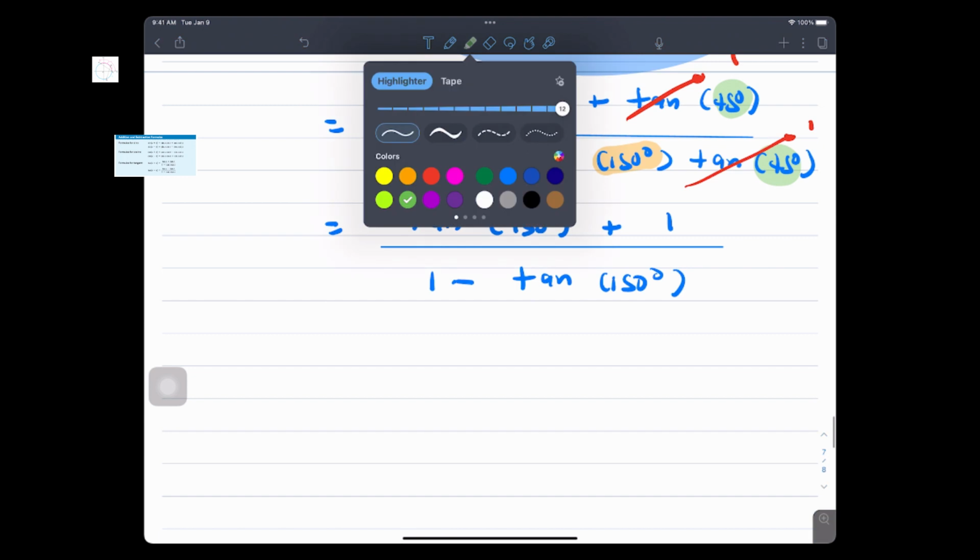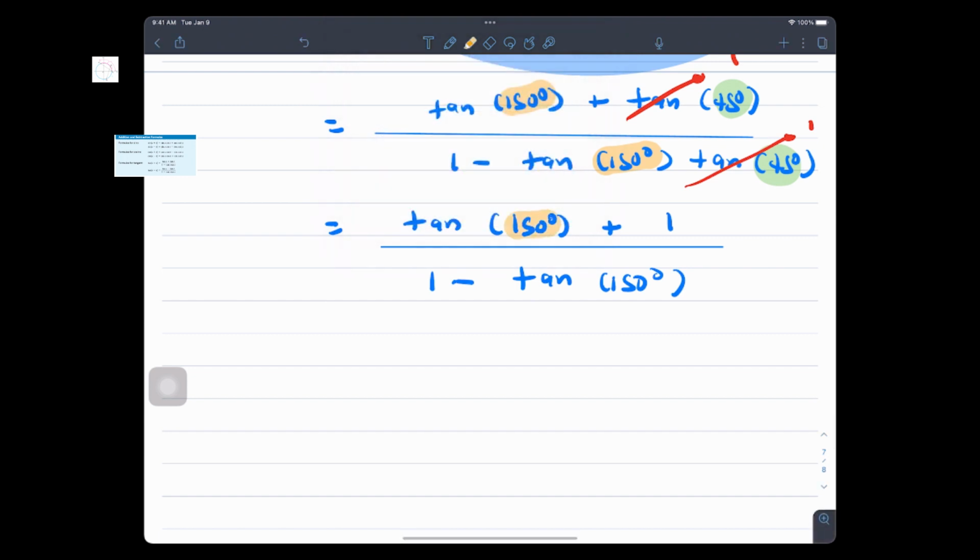So what do you guys think we have to deduce here? We need to know what is tangent of 150 degrees. Again, without a calculator, just using your identities. This is why you study identities.